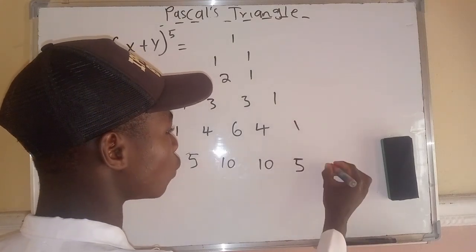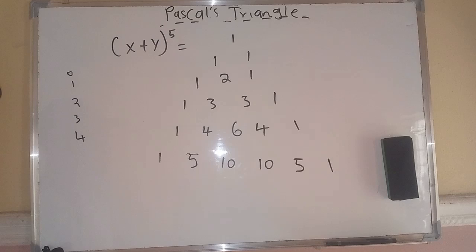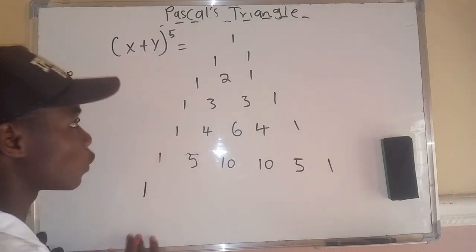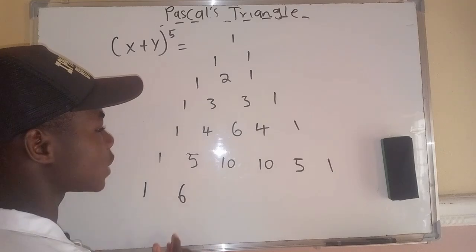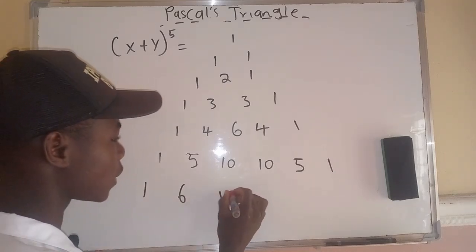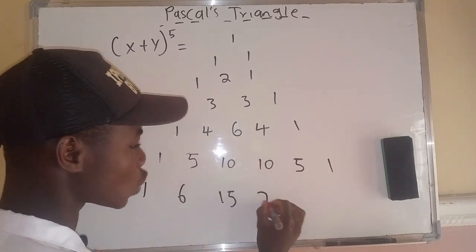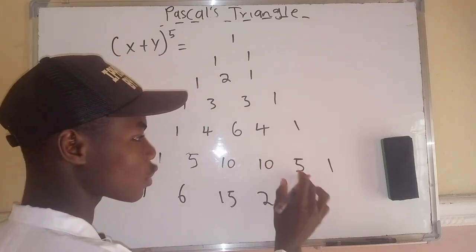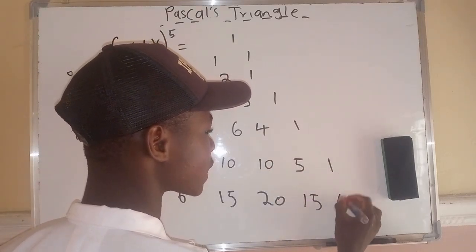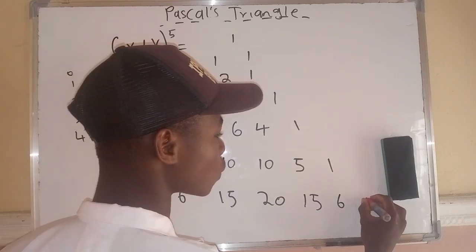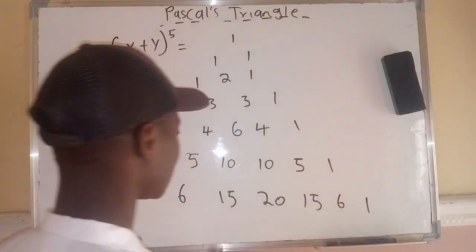And then 1 plus 0 is 1. Also I have my constant, which is 1. 1 plus 5 is 6. 5 plus 10 is 15. 10 plus 10 is 20. 10 plus 5 is 15. 5 plus 1 is 6. And 1 plus 0 is 1. So let me leave it like this.